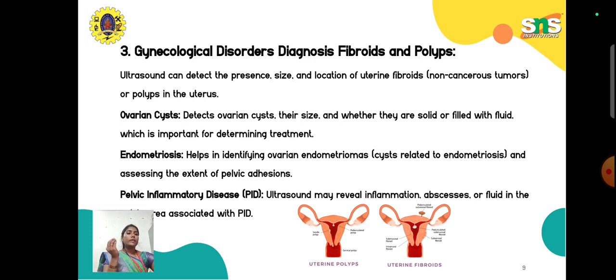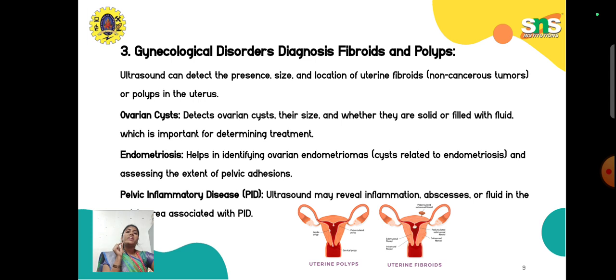It's very simple: cancerous tumors are malignant and spread, whereas non-cancerous tumors are benign, at an early stage, and don't have a tendency to spread or affect other organs. So fibroid is a non-cancerous tumor, and ultrasound helps detect its presence, size and location.